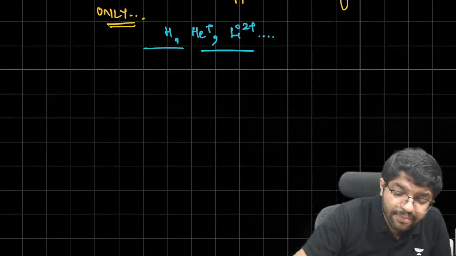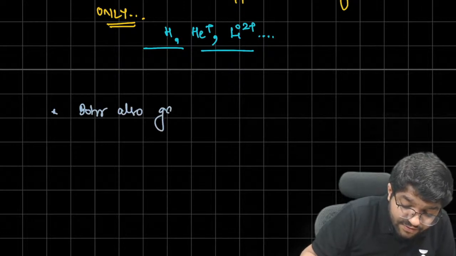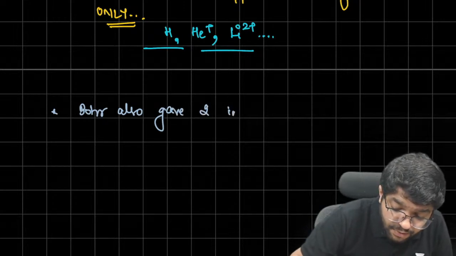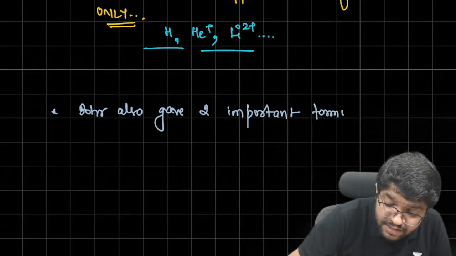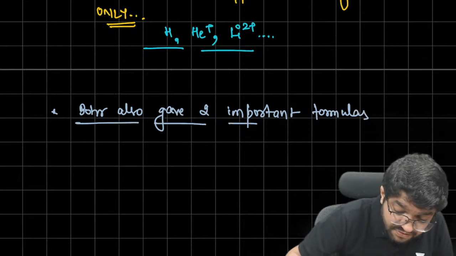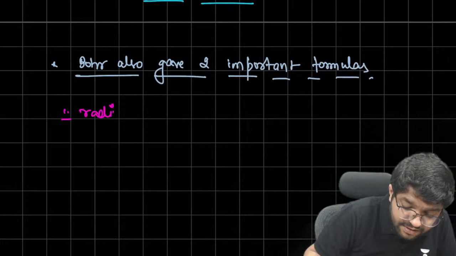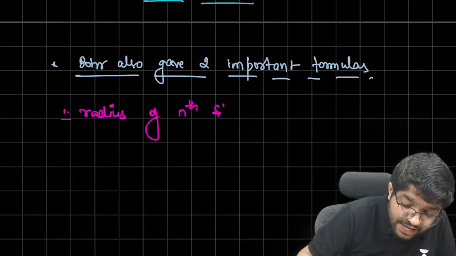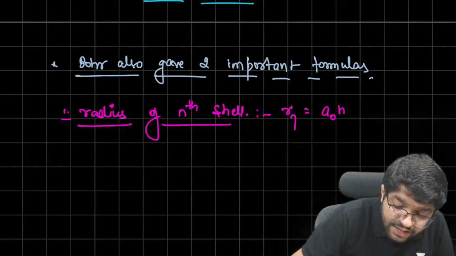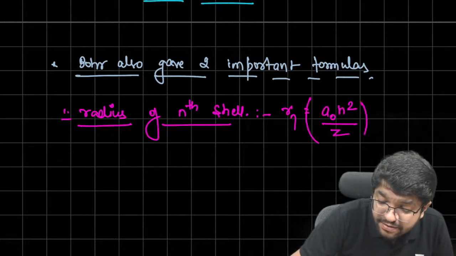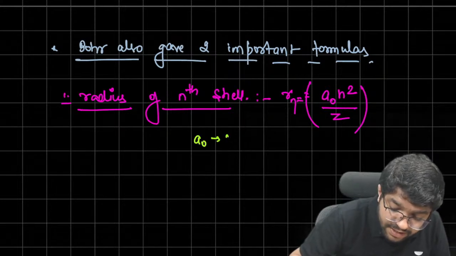Then Bohr gave the formula for energy of electron. Bohr also gave two important formulas for us. First is radius, that is radius of nth shell, which means Rn is equal to a0 n square by Z, where a0 is 52.9 picometers.